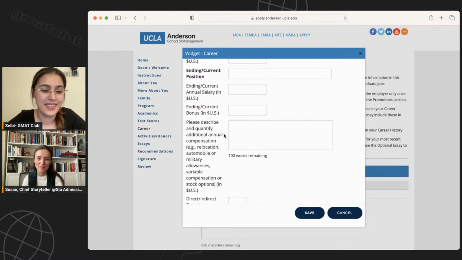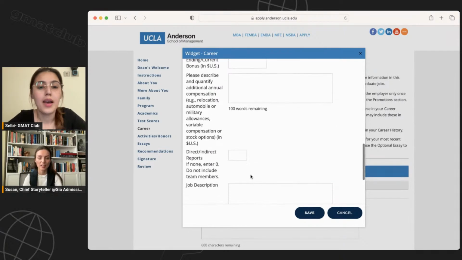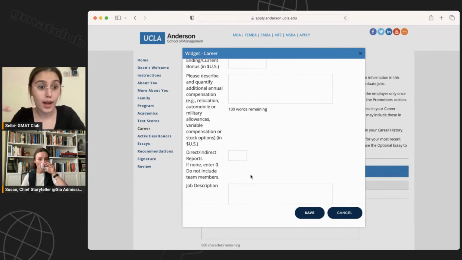And then if there is any kind of additional compensation, so if there are stocks as part of your compensation, you would include that in here. But knowing all of this information, is there a reason why it's asked?